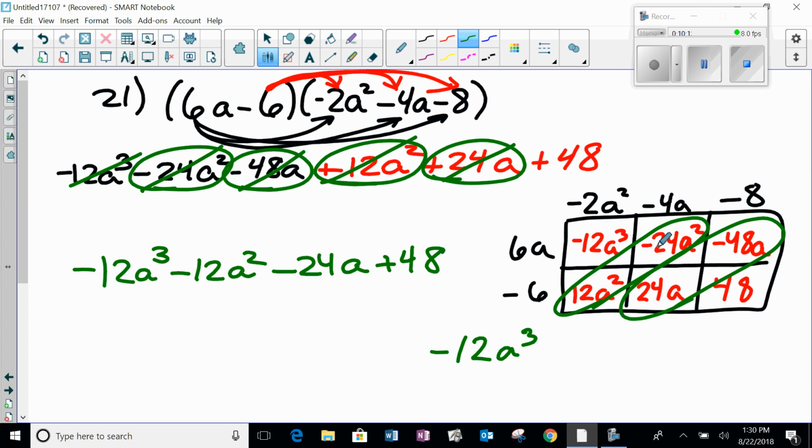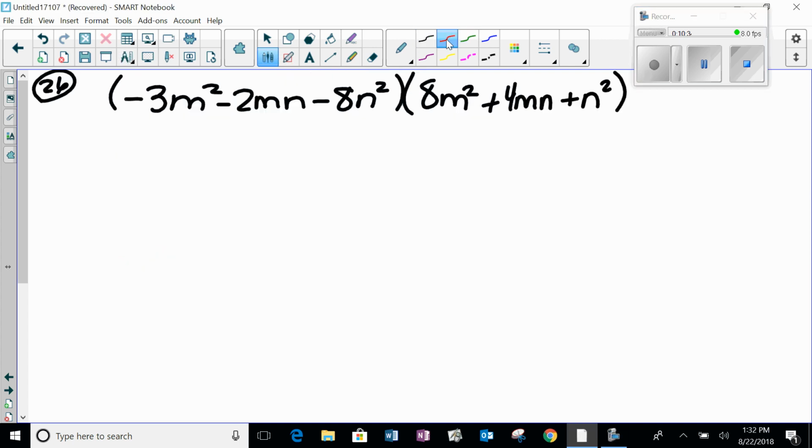I'm going to go ahead and subtract my a squareds, and I get a negative 12a squared. Subtract, and sometimes it's adding, it just depends, but we have a negative number. So we have negative 24a, and bring down the 48. Same answer, different method.